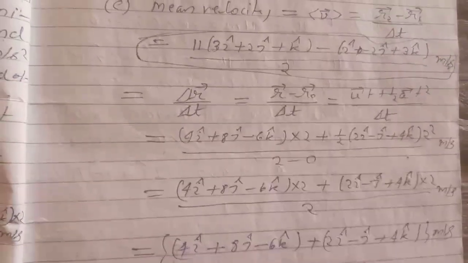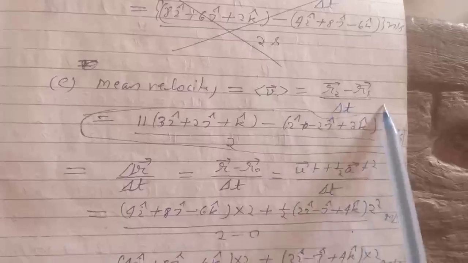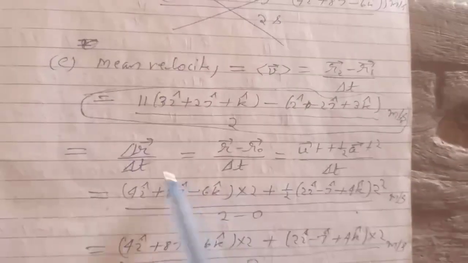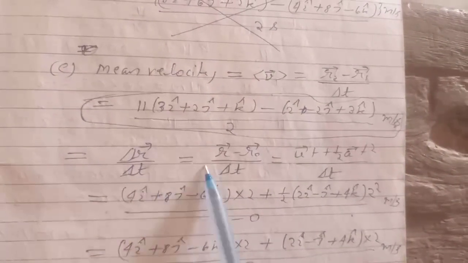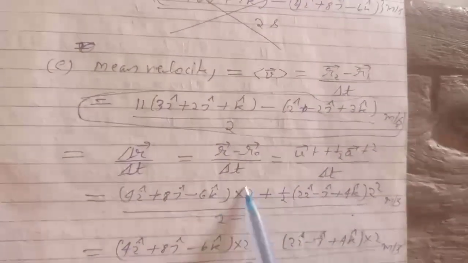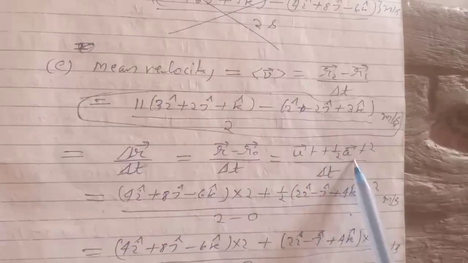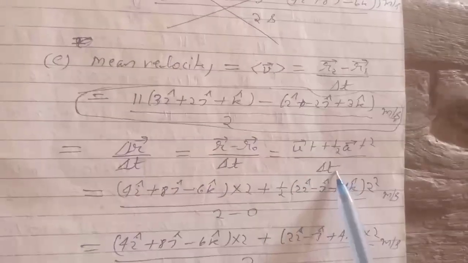See, the mean velocity of particle during 0 to 3 seconds. Mean velocity equals to average of v, that is delta r by delta t, r2 vector minus r1 vector. This is delta r vector by delta t equal to r vector minus r naught vector, because r1 here is given r naught, by delta t, or u vector t plus half a vector into t square by delta t.